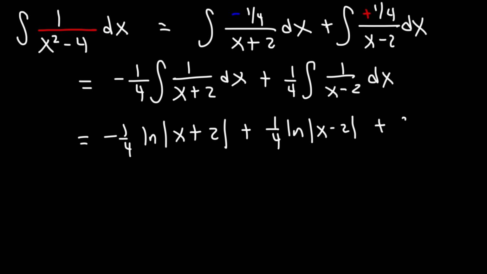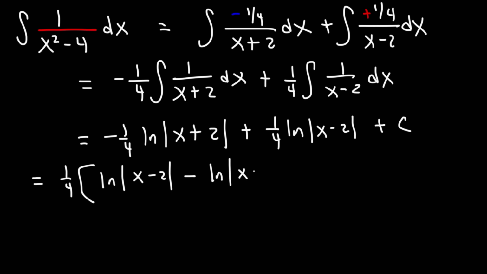Now let's add the constant of integration. Now I'm going to factor out 1 over 4, and I'm going to write the positive term first and the negative term second. So factoring out 1 over 4, we're going to get ln |x minus 2| minus ln |x plus 2|.